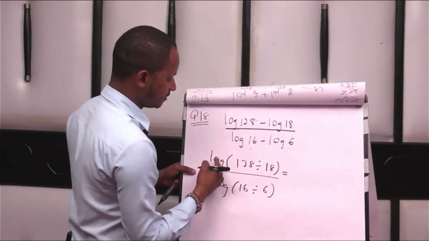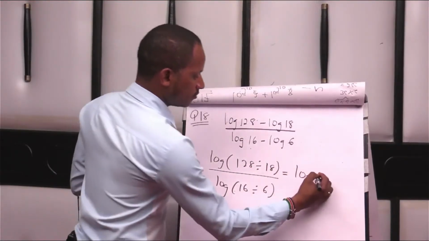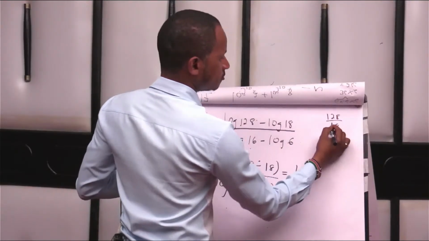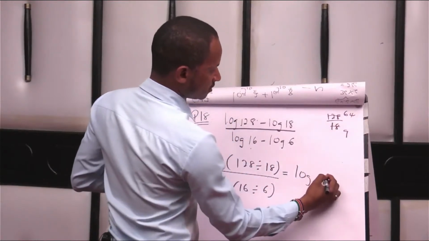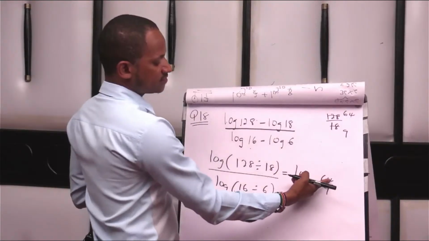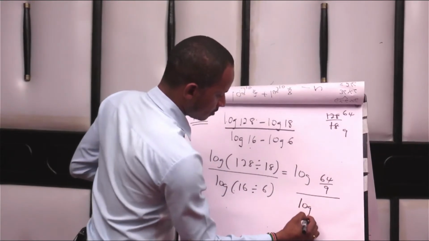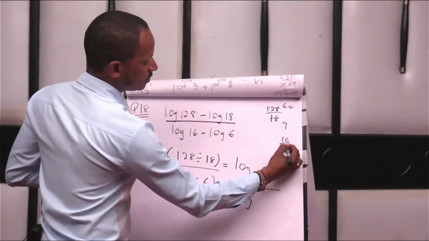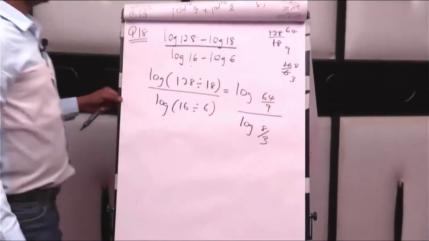So this is log of 128 divided by 18. 2 here 9, 2 here 64, becomes log to base 10 of 64 over 9, divided by log of 16 divided by 6. 2 here 3, 2 here 8, 8 over 3.